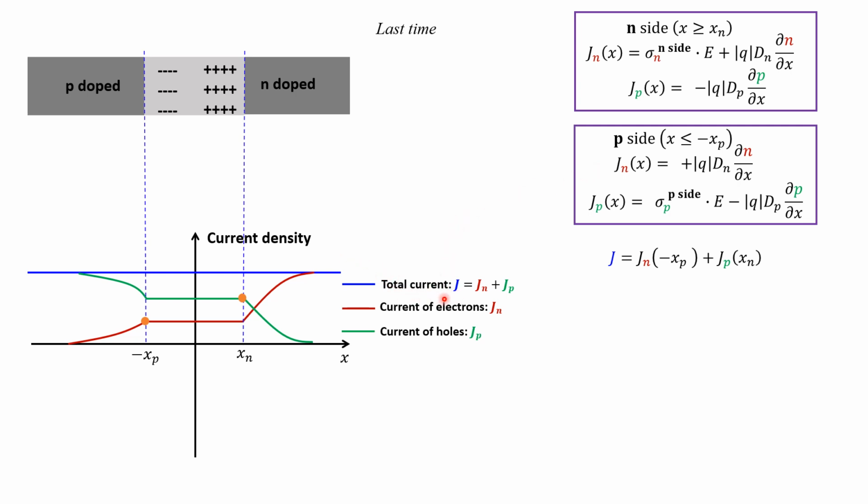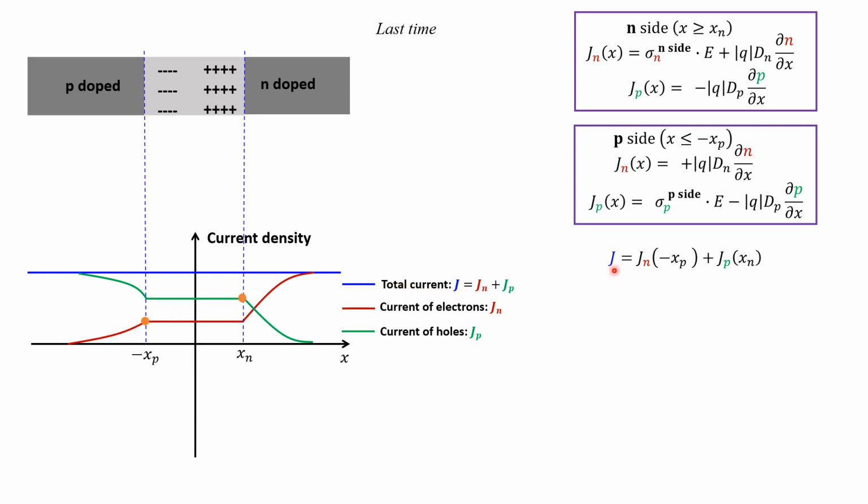We're going to calculate the total current by calculating the contribution of the current of holes evaluated at this point, and the current of electrons evaluated at this point. And since the current across the depletion region is almost constant, we can add up these two contributions to get the total current.